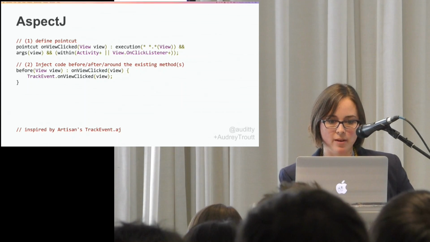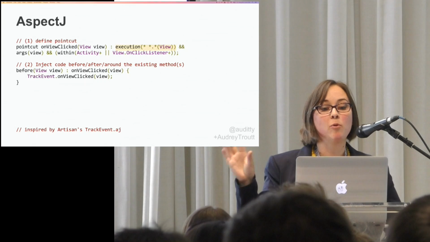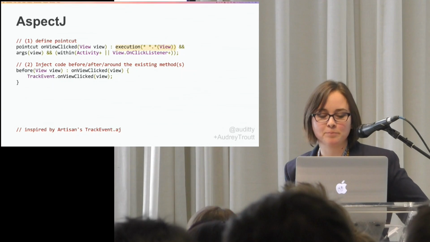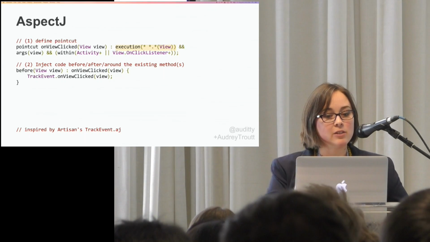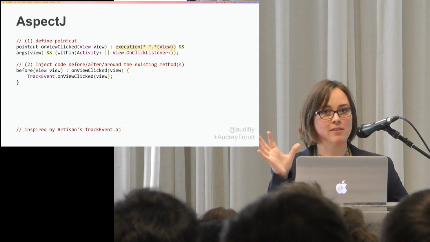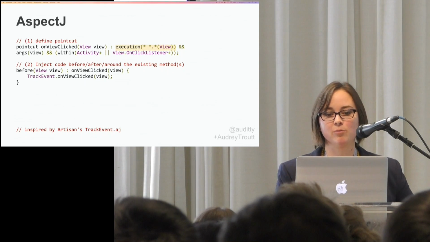At point number 1, I have defined a pointcut called onViewClicked. This matches any execution of any method with any name that returns any value that takes a view as a parameter.